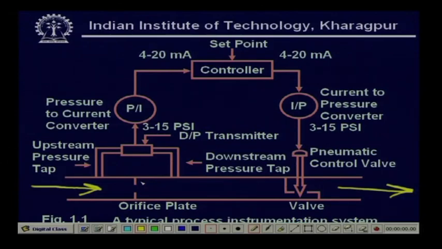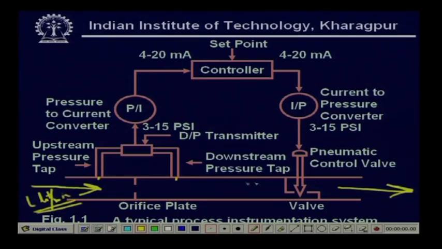Now, you see there are two tappings here, one is the upstream tapping and another is the downstream tapping. This tapping measures the pressure of the liquid flowing through the pipe. Our ultimate goal: I have a set point, some fixed value of, suppose, L liters per minute.